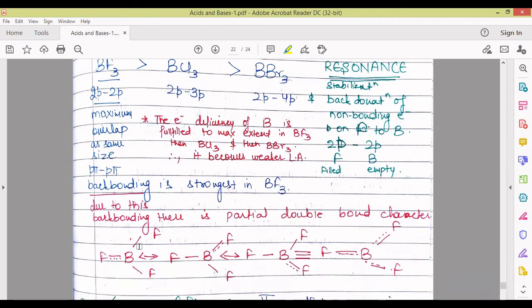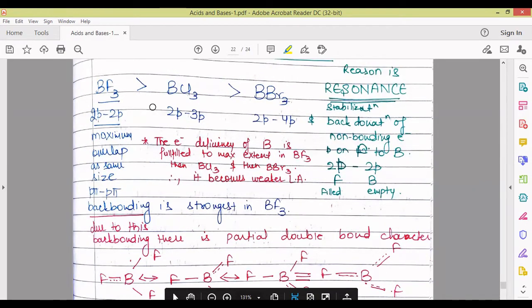As shown here, due to this back bonding, there is partial double bond character in these bonds, that is, these boron and fluorine bonds. And here is the overall structure having partial double bond character. The same partial double bond character is there in case of BCl3 and BBr3, but the maximum overlap is here, and the strongest bonding is in the case of BF3.